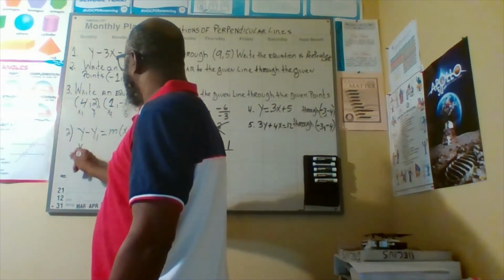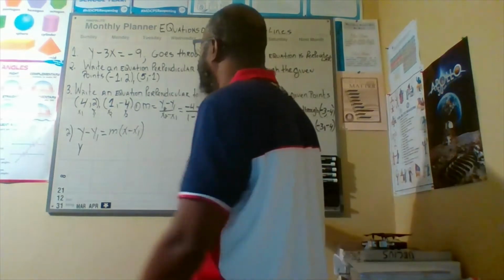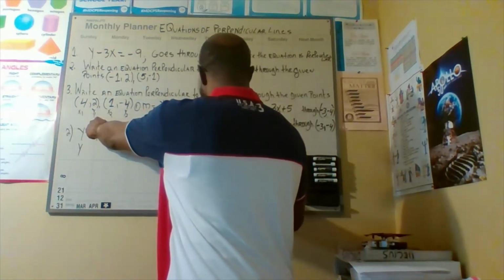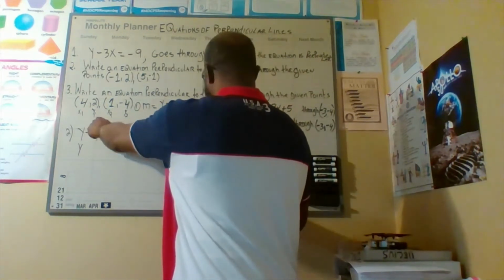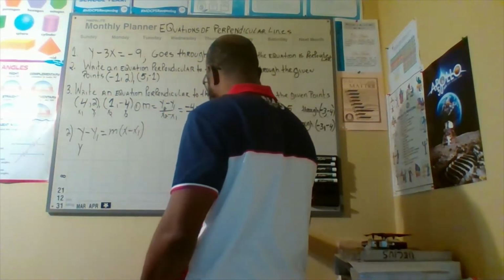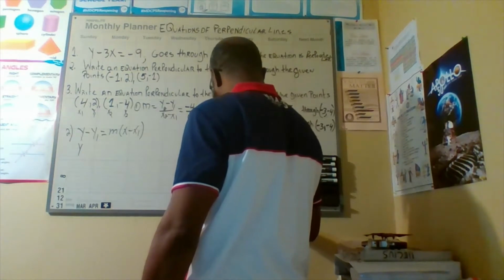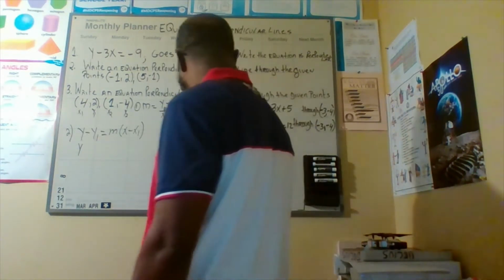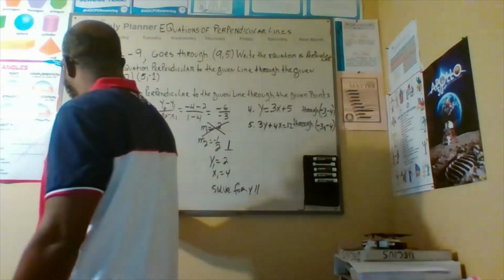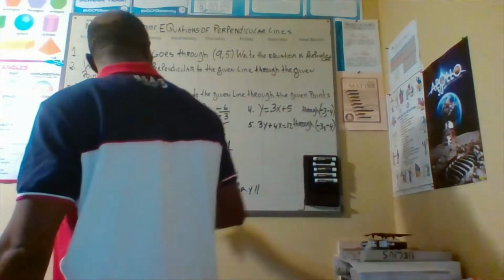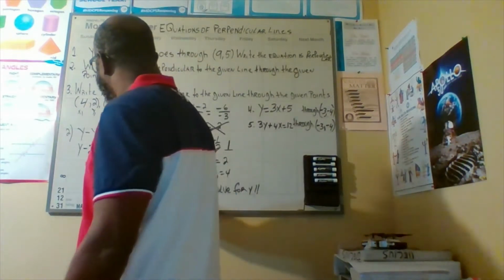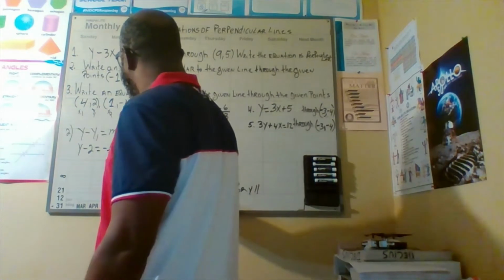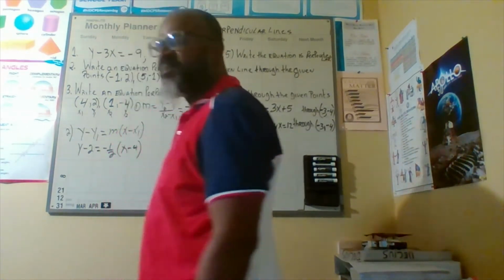Your y1 is 2, your x1 is 4, and you're going to solve for y. So you will have y minus 2 equals the slope, negative 1/2, times x minus 4.